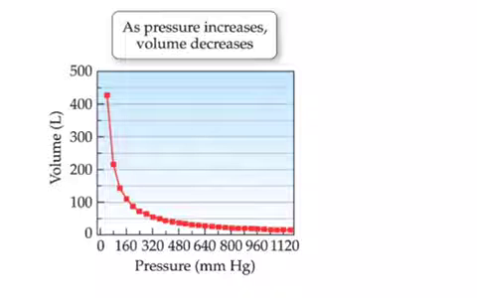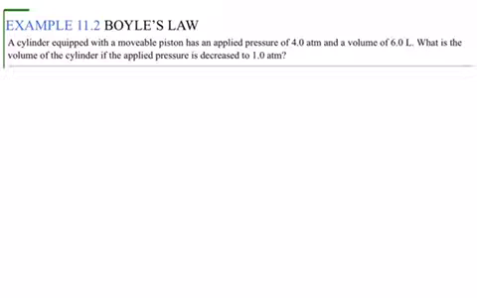Now mathematically, we can go ahead and do a calculation using the formula P1V1 equals P2V2. Here we have an example problem where a cylinder is equipped with a movable piston, has an applied pressure of 4.0. So let's go ahead and write our givens here.